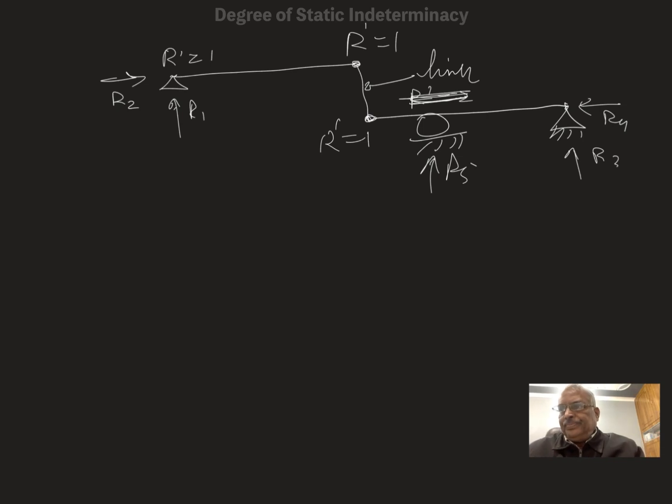To make tree-like structures, I have fixed this one, and this was the internal hinge. I am making it rigid. These supports will be removed, and these supports will be removed to make a tree-like structure. Therefore, 3 supports removed, 3 reactions removed. So ds is equal to 3 minus how many are there? 3 minus 3, so this is 0.